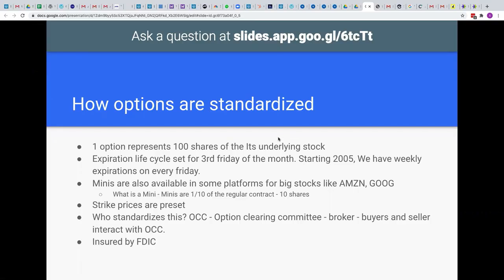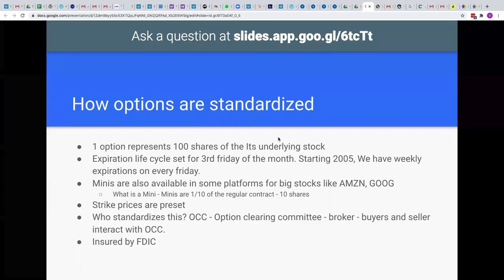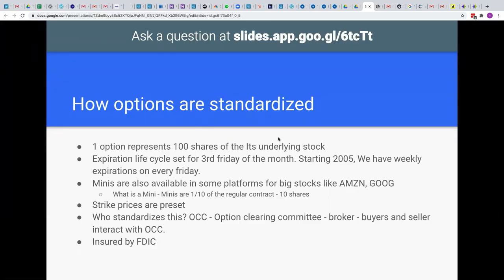That means the way the contracts are structured, the way the contracts will change if there is any event like a merger or stock splits, all those things are taken care of by the OCC. You don't have to worry about how things will look.